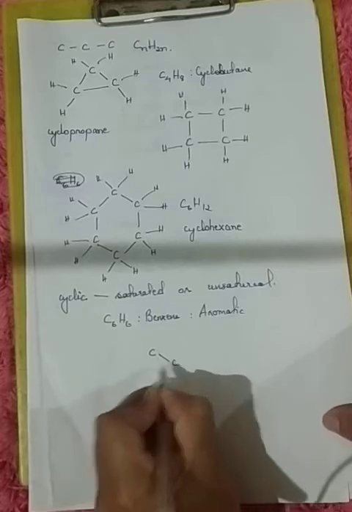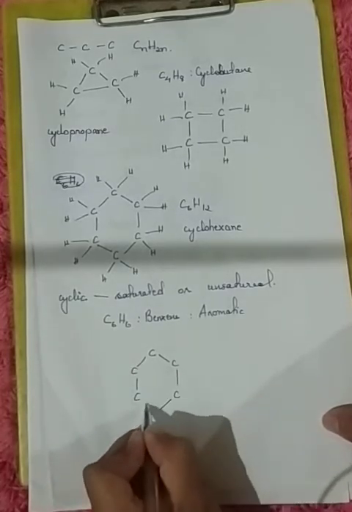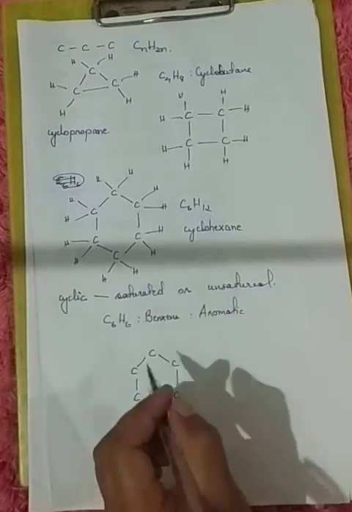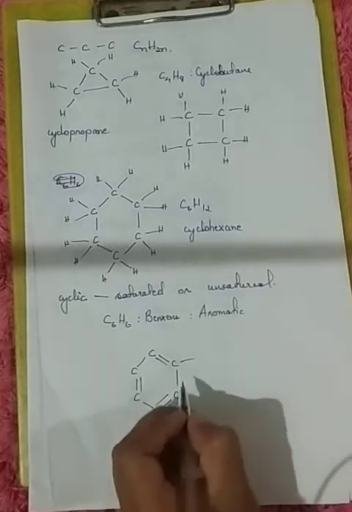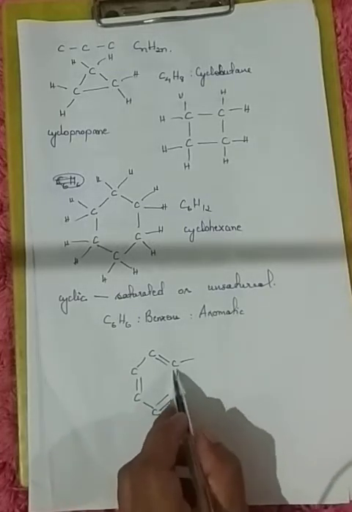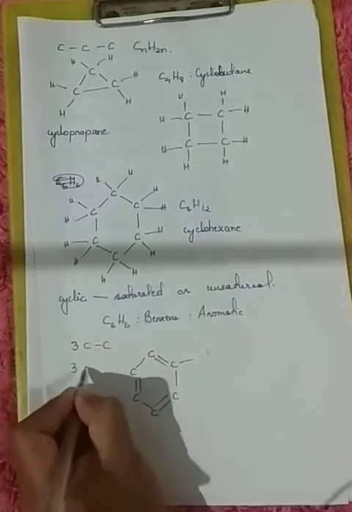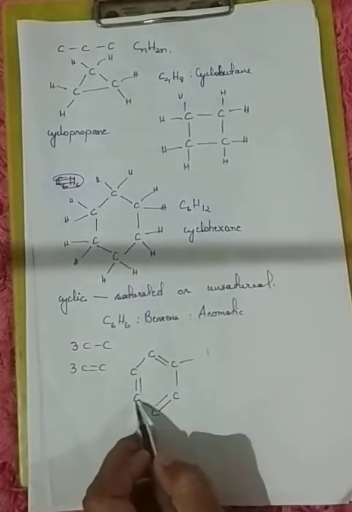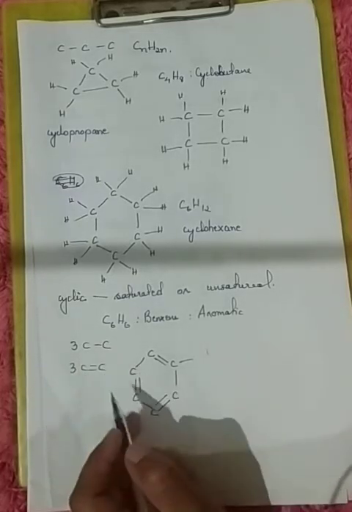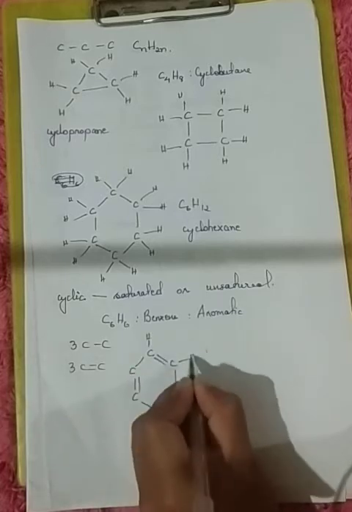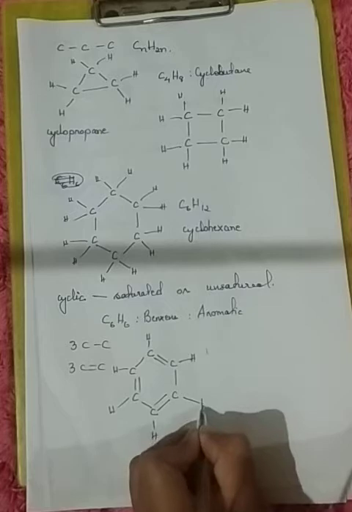See, 1, 2, 3, 4, 5 and 6. With a dash here, a double bond. We'll have 3 carbon to carbon single bonds and 3 carbon to carbon double bonds. Here 1, 2, 3, and then 1, 2, 3. Then hydrogen on each carbon.